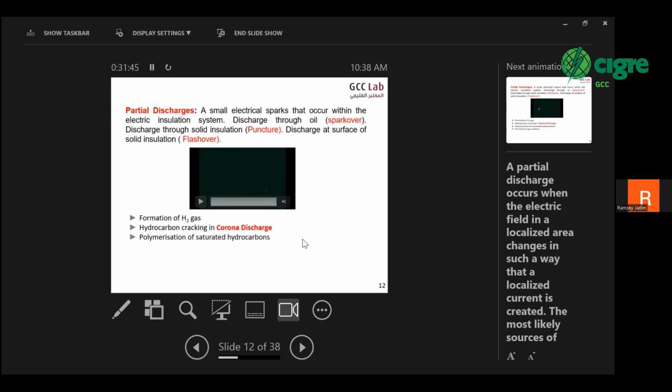If there is more partial discharge like this, the oil will be polymerized, it will be heavy. And if it is heavy like this, the circulation of the oil in the transformer will be affected, so the cooling system will be affected.